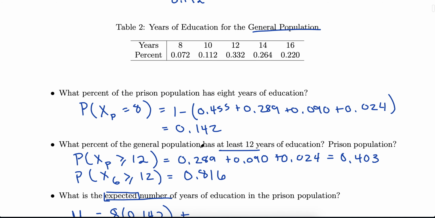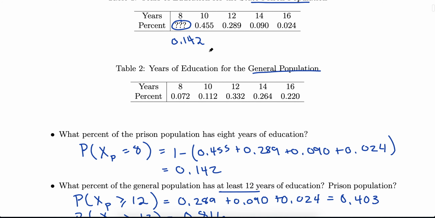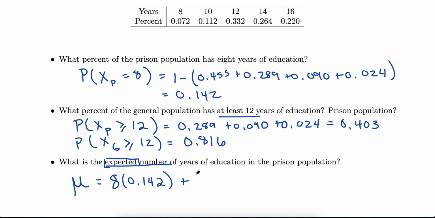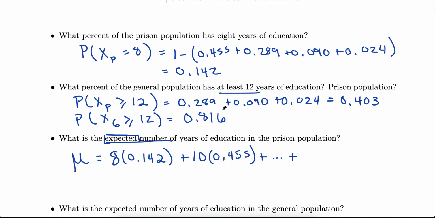Then the next one, 10 years of education. I'm going to see that almost half of the time, 0.455. So 10 years of education, and I see that most often, almost half the time. And we're going to keep doing that as we go across to 16 years of education, and we see that 2.4% of the time.